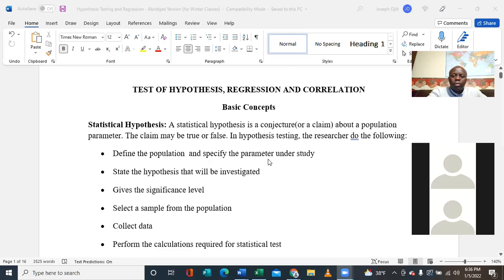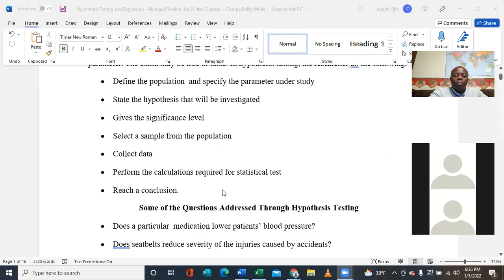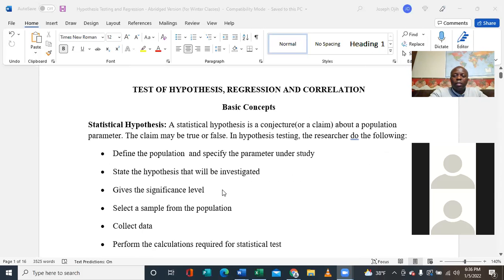Each time they do that kind of thing, they use statistics to analyze their data. So in other words, a statistical hypothesis is a type of claim about a population parameter. When we talk about a population parameter, you're talking about things like the mean, standard deviation, or even a proportion.